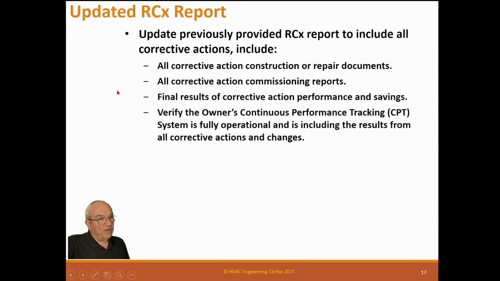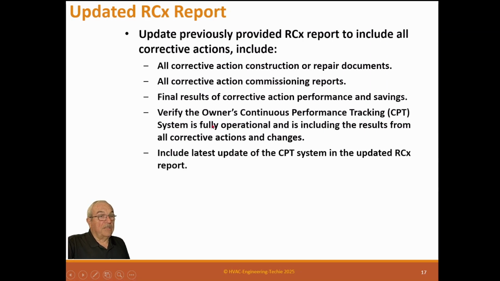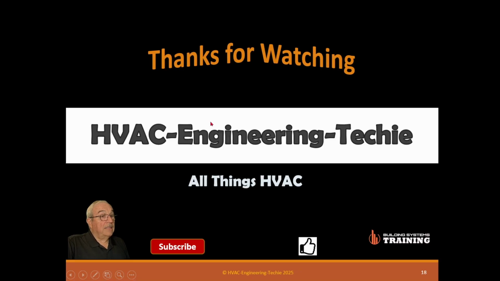So, you finish an RCx process, and a lot of times corrective action can take several months or years. And then when you're done with that, you come back and update the report so that the owner has total documentation of what you were able to do through the RCx project. Include the latest update of the CPT system in the updated RCx report. So that's pretty quick, but that's the process of the end of the project.